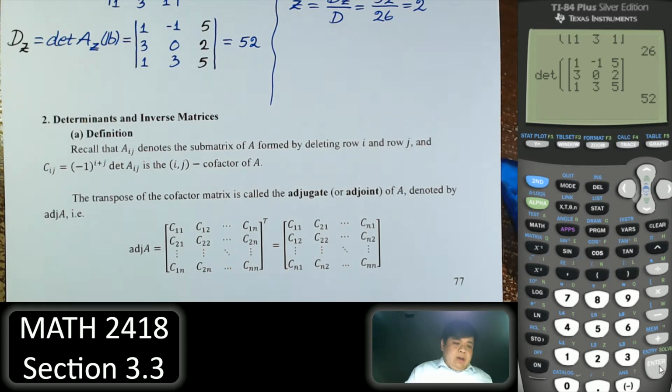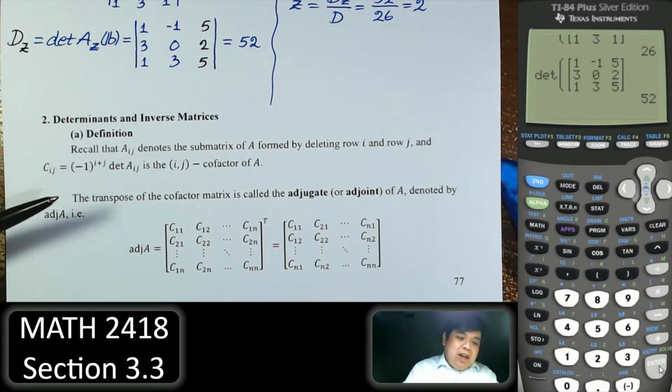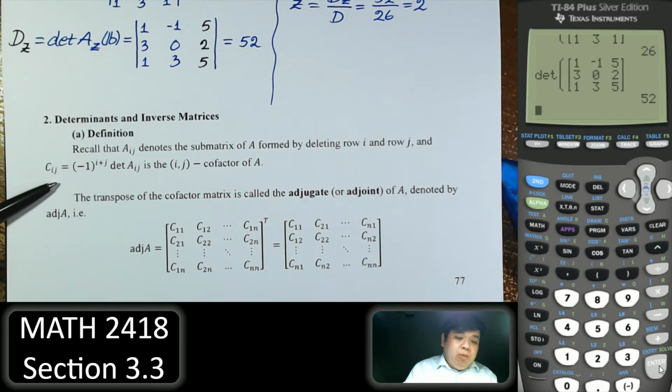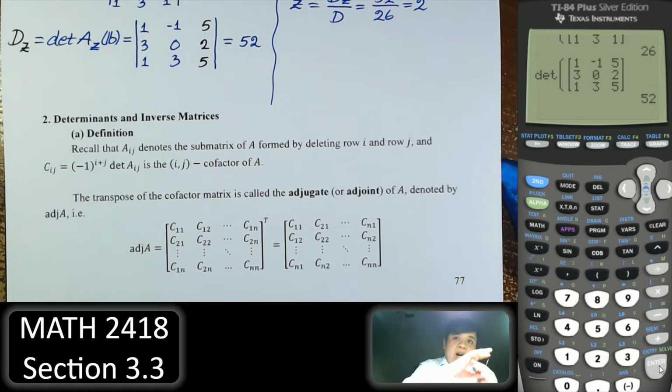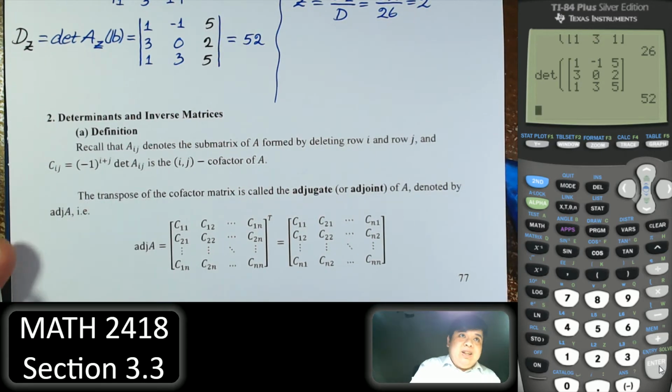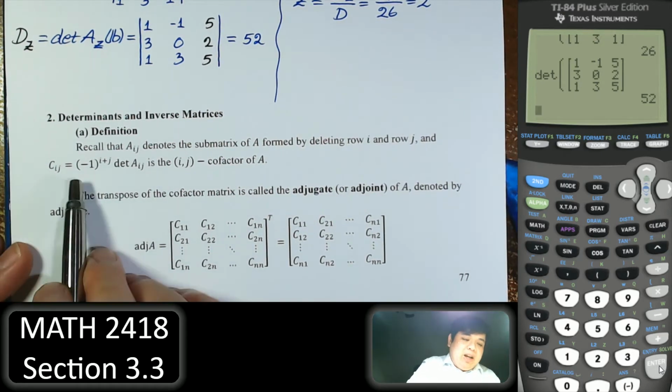Now, how do we find the inverse if we don't want to use reduced echelon form? Well, first of all, that's going to take a lot of time. Remember from the previous section where we said Cij is the cofactor of A, where we remove the row and the column containing i and j, with the negative 1 factor in it.